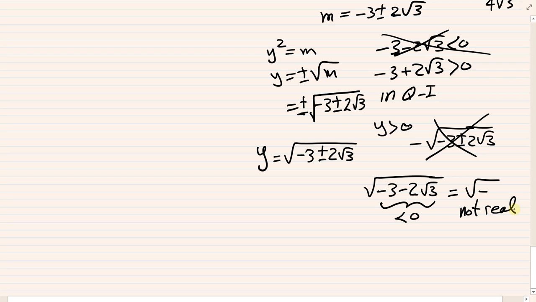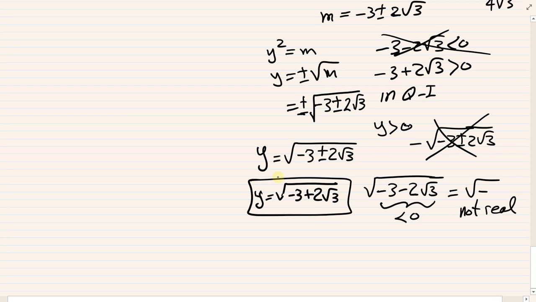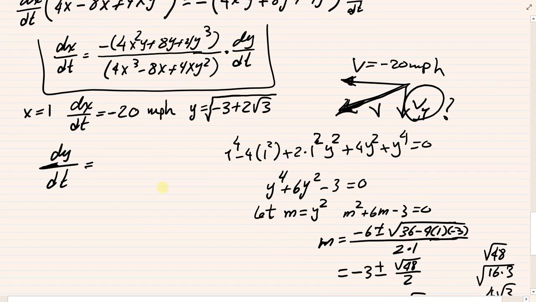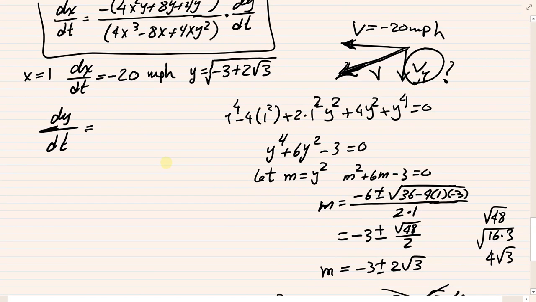So the only acceptable answer for y is therefore the square root of negative 3 plus 2 root 3. And that is the y that we actually need. Okay, so it's 2 root 3 minus 3, and up here I'm going to put a radical on there. That's what y is.